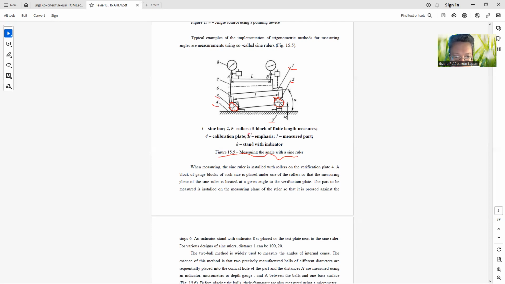Position number 6, stops. 7, measured part. You can see the measured part with the angles. Measured part and stand with indicator 8. It's the stand with indicator.